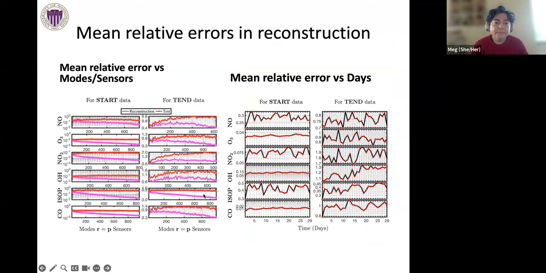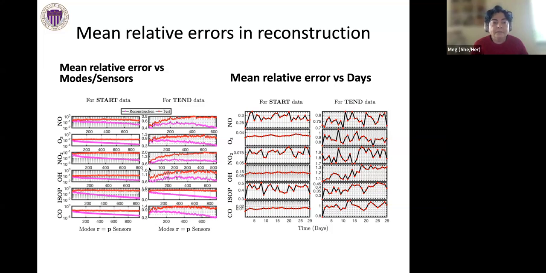Then I computed the mean relative error versus the modes or sensors to see how well it does. I picked 500 randomly selected reconstruction snapshots, that is from data that the POD has already seen. And then I picked 500 randomly selected test data that the POD hadn't seen at all.